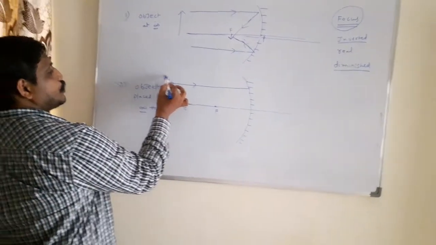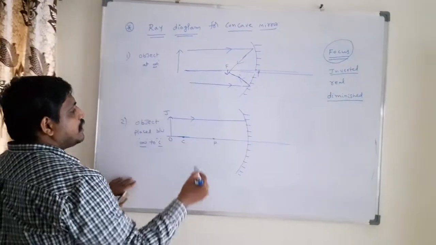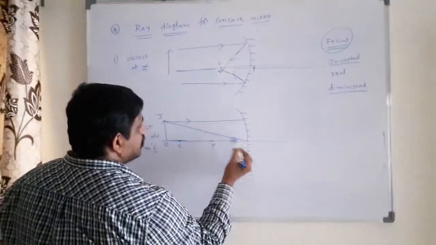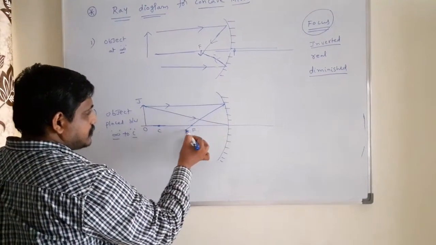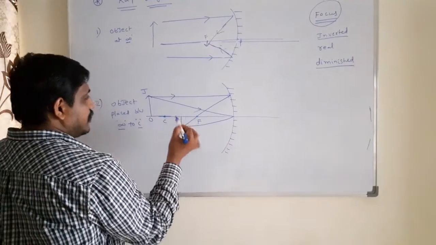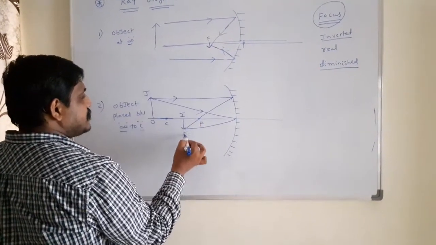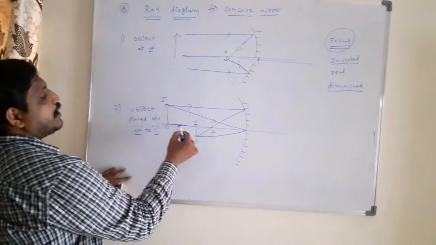Generally the object is denoted by OJ. Here these rays are reflected in the mirror. Here the final image is formed, image IG. Look here, where is the final image formed according to the diagram?